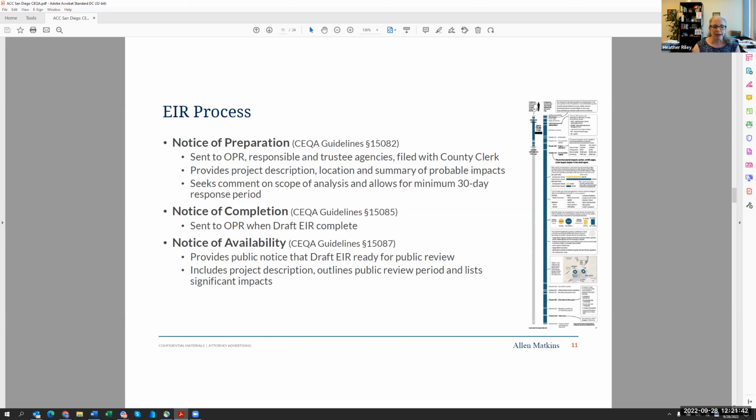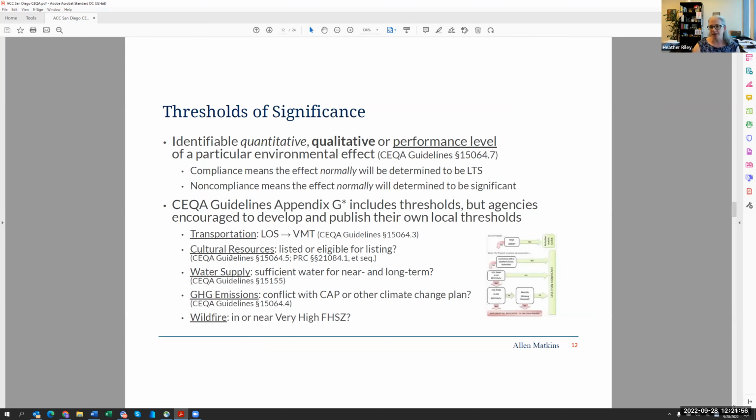So the process for an EIR, which is the more robust process, is a notice of preparation saying we're starting this process, a notice of completion you send to OPR when your draft EIR is done, and a notice of availability goes out to the public saying, here we go, here's a document, you can comment on this. Those Appendix G impact areas that I showed you earlier, you're going to study whichever ones are applicable to your project, and you're going to study them based on thresholds of significance.